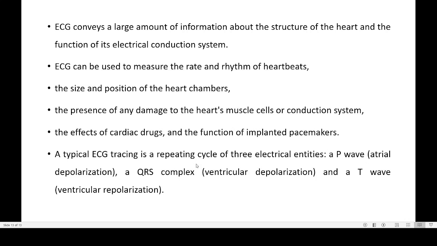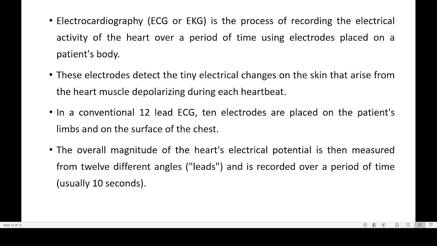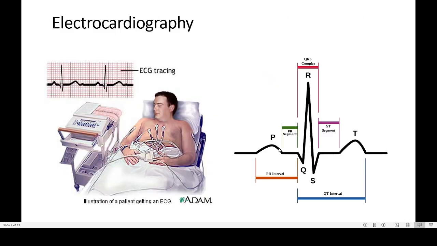The P wave here refers to atrial depolarization. Atrial means auricle. Depolarization we can consider as a contraction. When a contraction of the auricle is taking place, this first wave will be produced. So this first wave is produced when the auricles are depolarized, or undergoing contraction.